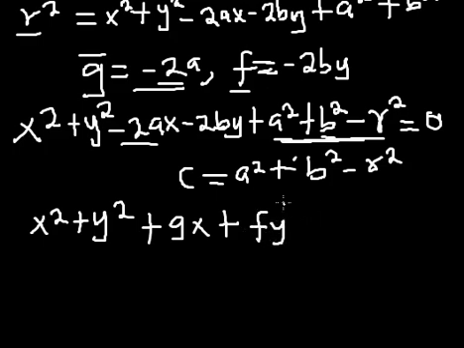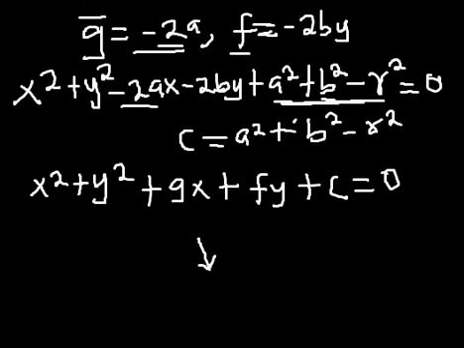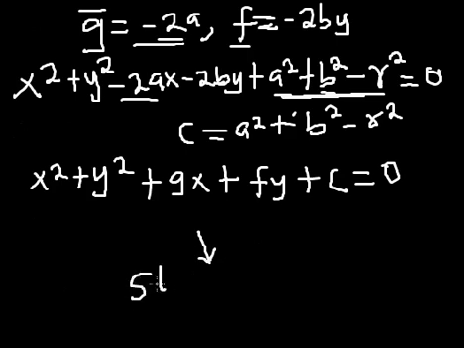And a square plus b square minus r square is being represented by c, so plus c equal to 0. Now this is the final standard form of the equation of a circle.